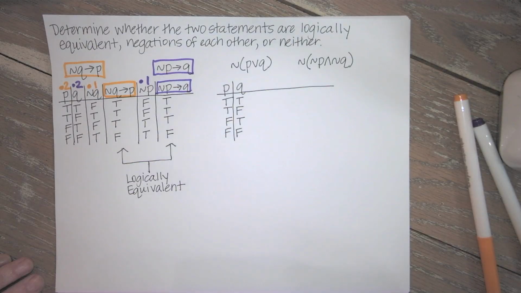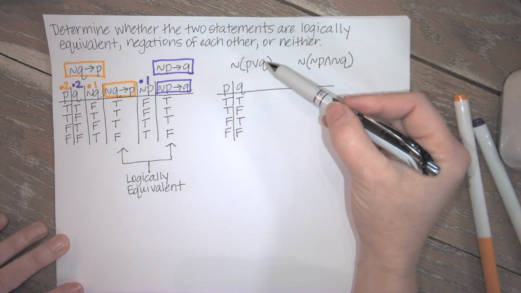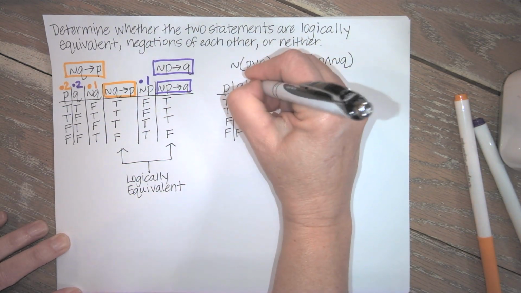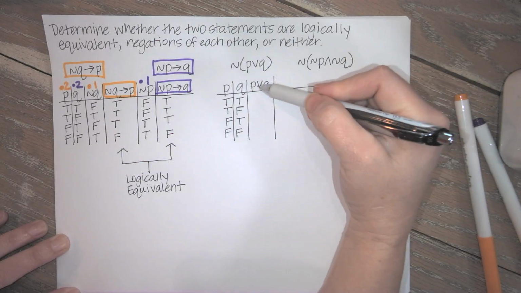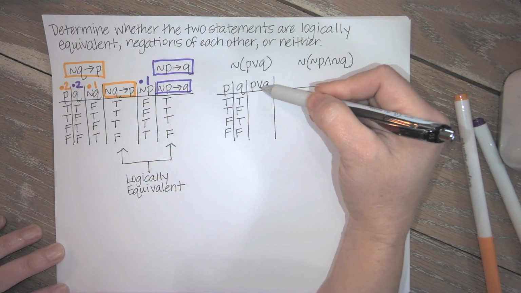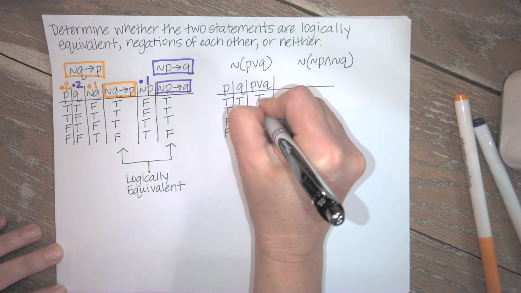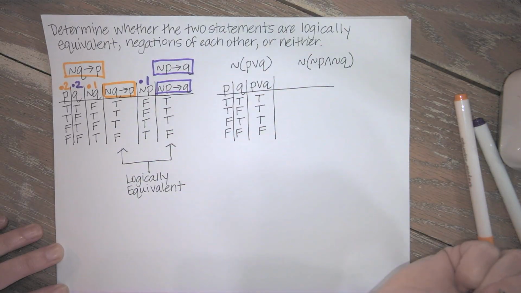All right, I'm going to work on my first statement first. I'm going to start inside the parentheses. I have P or Q. An or statement, or a disjunction, is true as long as at least one part is true. So that's going to be true, true, true. The only one that'll be false is this one.